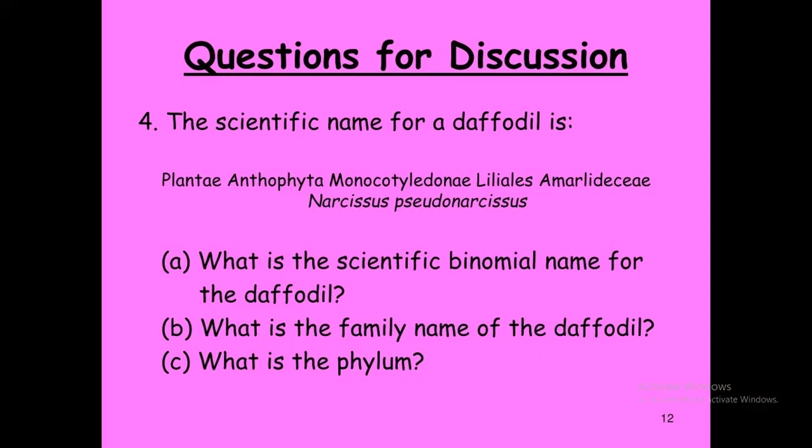Now, can anyone tell me in the comment section what is the scientific binomial name for the daffodil? Binomial name. Here you can see Narcissus pseudonarcissus, which are two words combined, is the binomial name for daffodil.